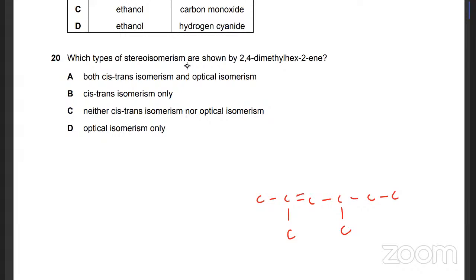You won't have cis-trans, right? Yes. You won't have cis-trans because the double bond has the same two groups on one carbon atom. So it's going to be optical isomerism only. It's got one H, and all 4 sides on this carbon atom are different.